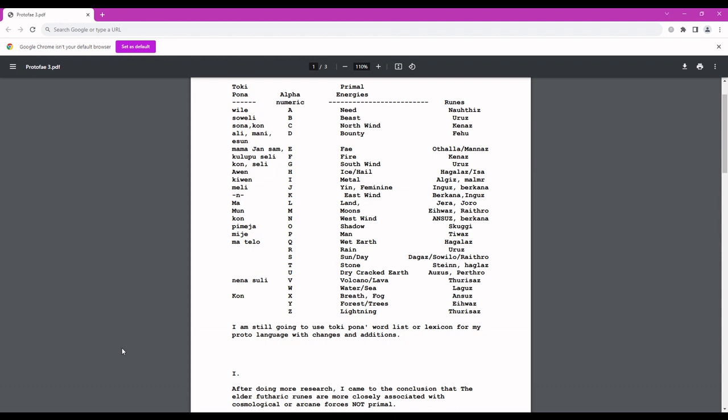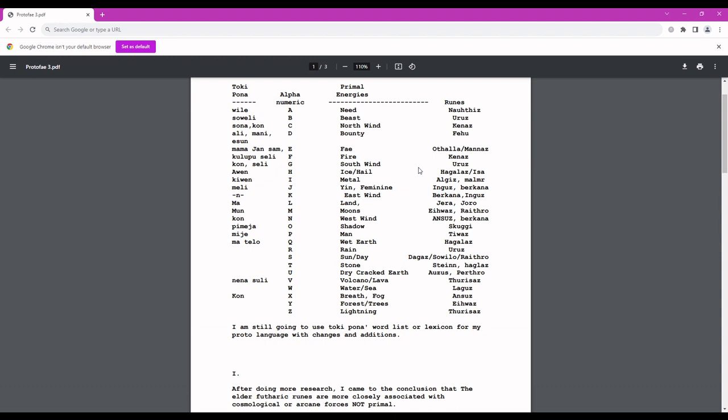And the other is that, well, basically, the runes are more closely associated with cosmological forces, not really primal. So all of this was leading to just too many problems, and I tried stretching things, expanding the explanations of the Elder Futhark rune meanings, but no matter what I did, it just wasn't quite working. So basically, I realized that I was going to need a new tact.